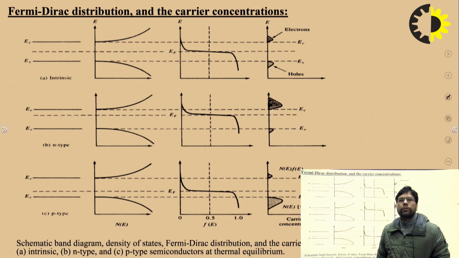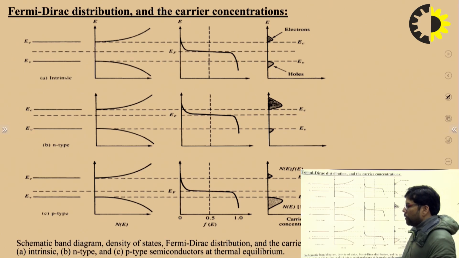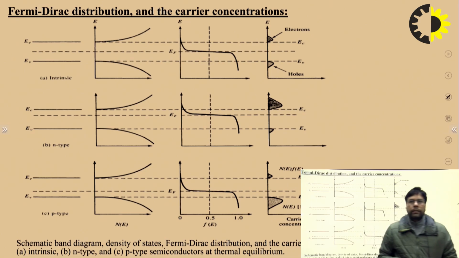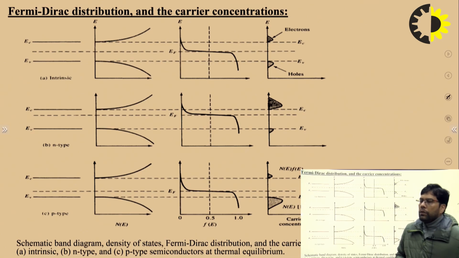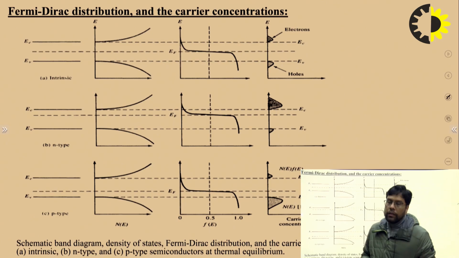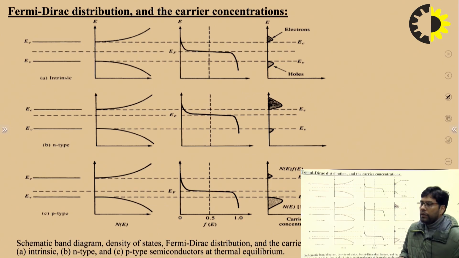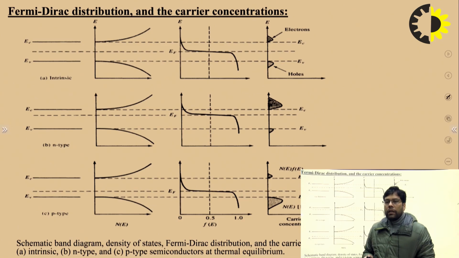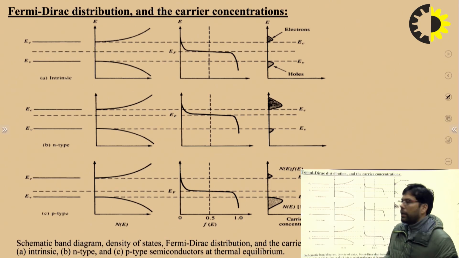The first one is the P-type semiconductor, and the second one is the N-type semiconductor. Depending on the doping, we can categorize this. If we do trivalent doping, then we have a P-type semiconductor. If we do pentavalent doping, then we have an N-type semiconductor.